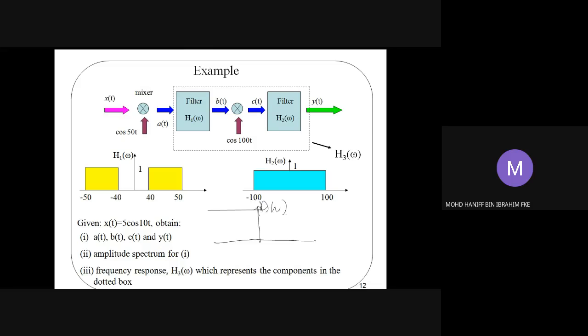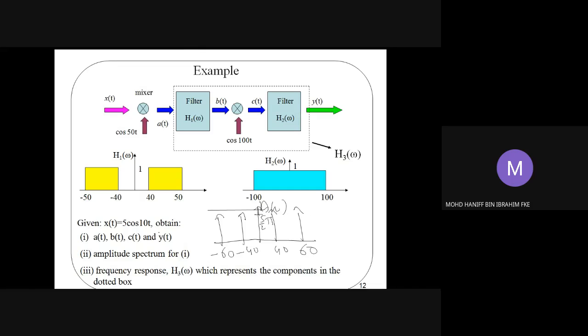We are going to have four impulses located at negative 40, plus 40, 60, and negative 60. This is obtained from the previous equation with the amplitude of 5 over 2 pi. That should be the amplitude of your impulses.